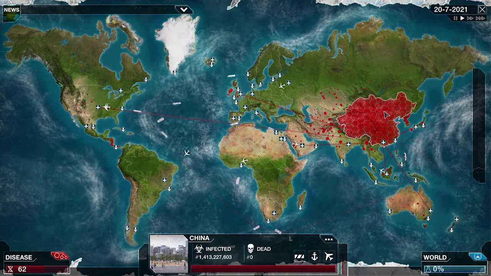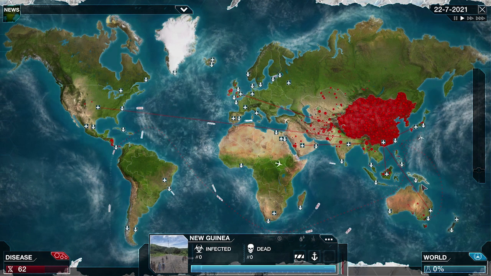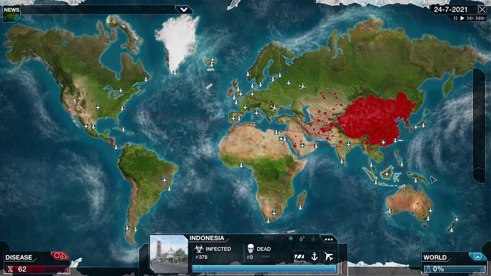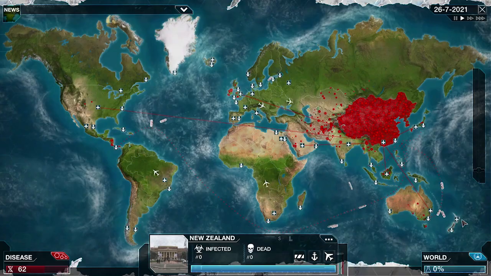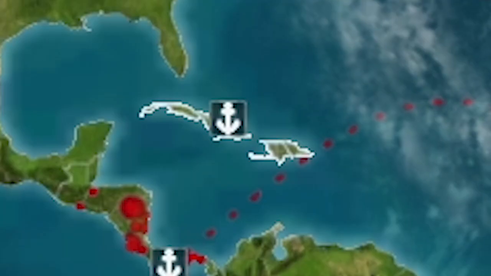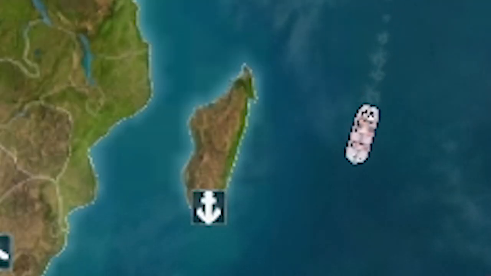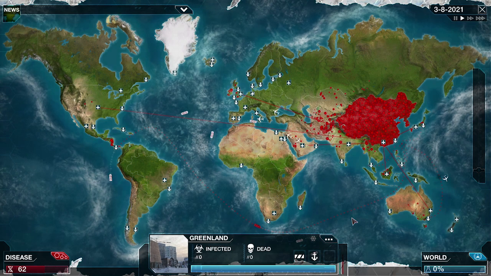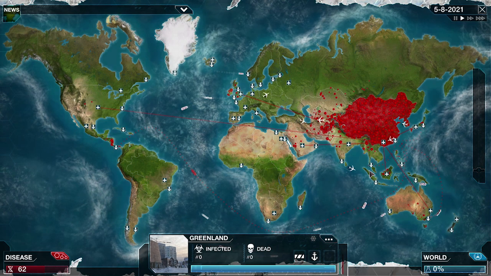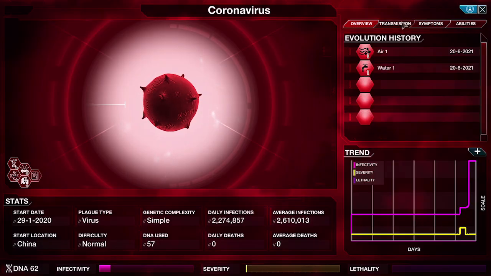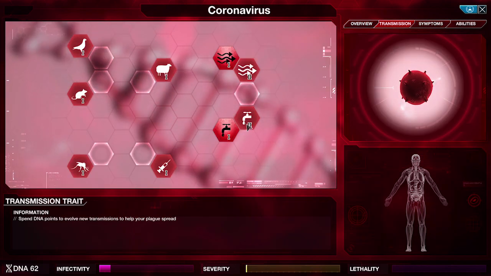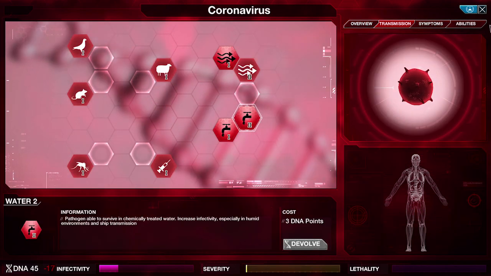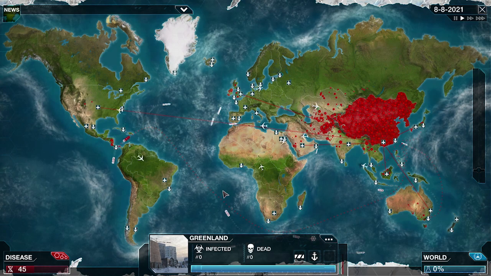So the main problem with this game that I've always found is infection of New Guinea, New Zealand, the Caribbean, Madagascar, and Greenland, mostly because of their lack of airports. So you really got to push the water transmission, otherwise you're not going to get on those boats.